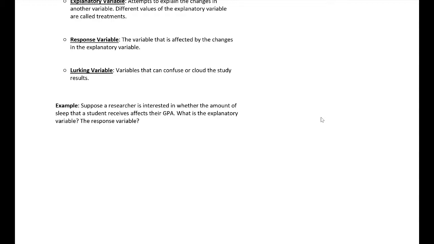In this case, the explanatory variable will be the amount of sleep that the student receives. Therefore, the response variable will be the corresponding GPA of that student based off the amount of sleep that they get.